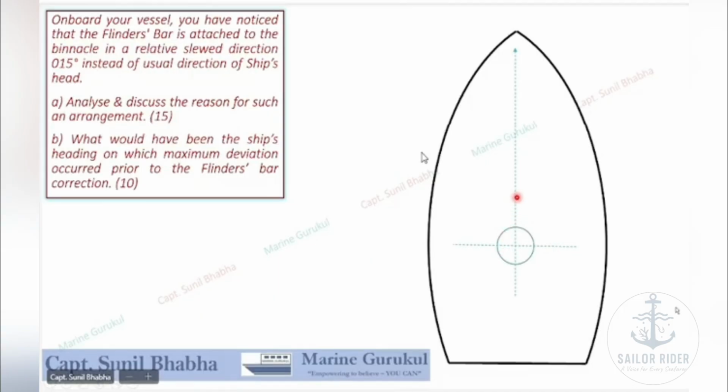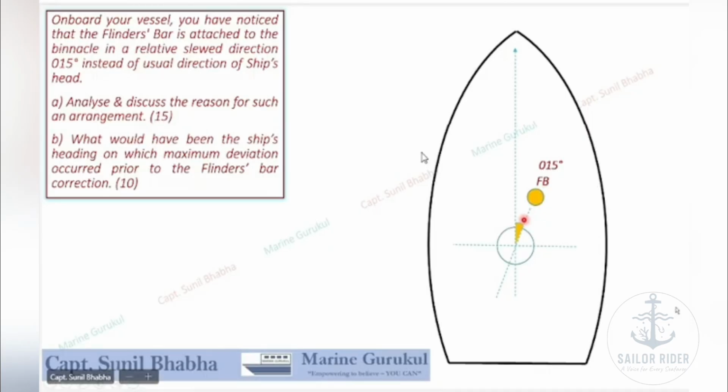So from the ship's head, if you go 15 degrees, the relative bearings are measured clockwise from the ship's head. So if you go to this 15 degrees direction, this is where the Flinders bar lies. You can see this yellow color Flinders bar shown in the diagram now.